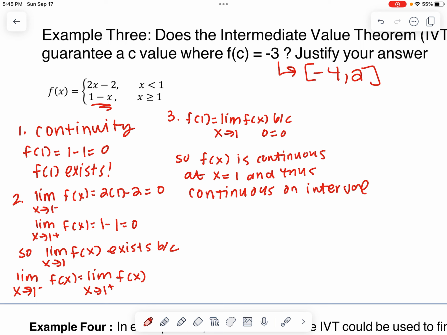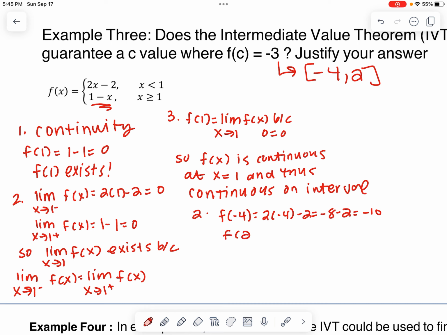I went quickly. The second condition of the intermediate value theorem is that -3 goes between f of -4 and f of 2. So the y values that go between -4 and 2. So let's figure out what those y values are. If I plug in -4 into this function, I'm going to use 2x minus 2 because -4 is less than 1. So I'll do 2 times -4 minus 2 and I get -10.